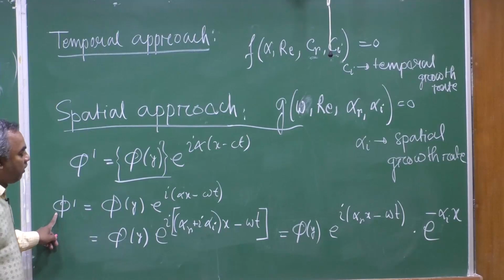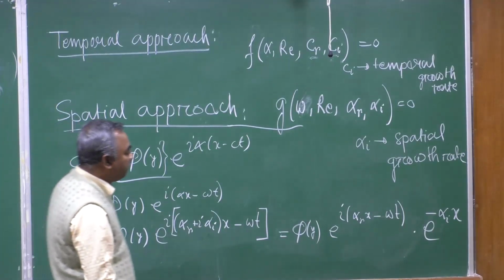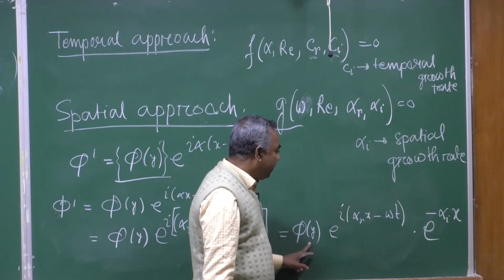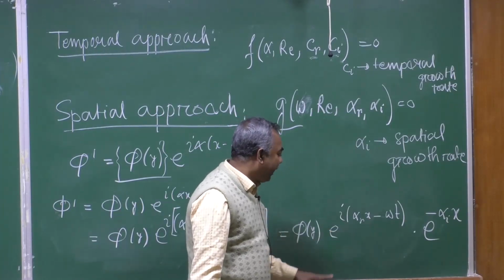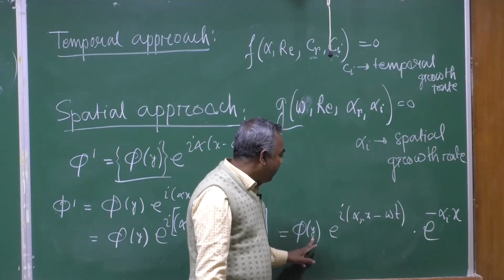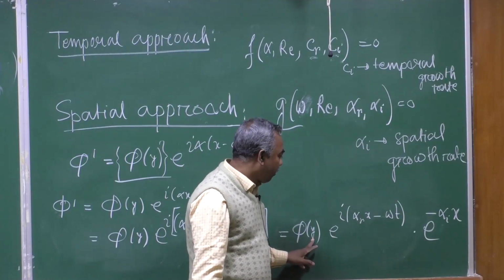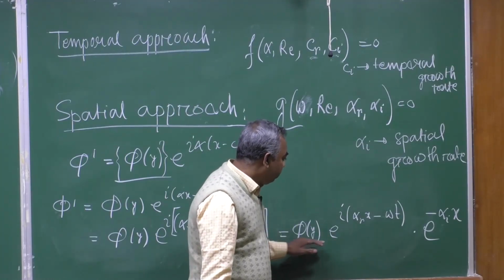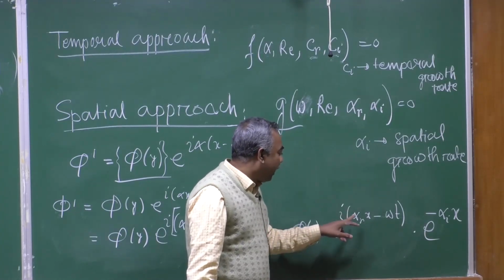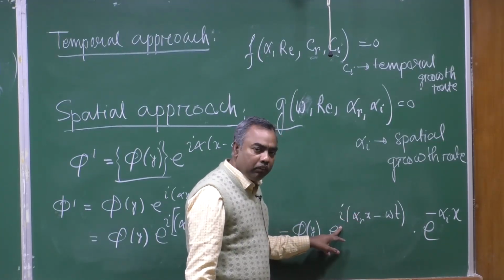Okay. Now, you see what is this at a given y, and at given x, or at given y, what is going to happen? This one is just like e to the power i theta, means cosine theta plus i sin theta.